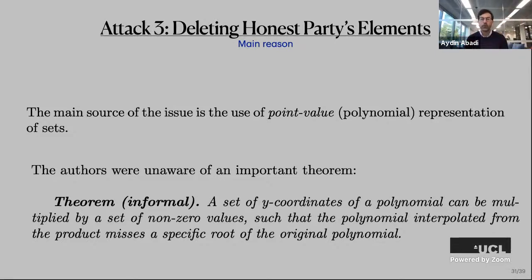By original polynomial, I mean the polynomial interpolated from the original y coordinates. If the adversary uses this theorem, it can affect the results. So it can remove some roots from honest parties' inputs.